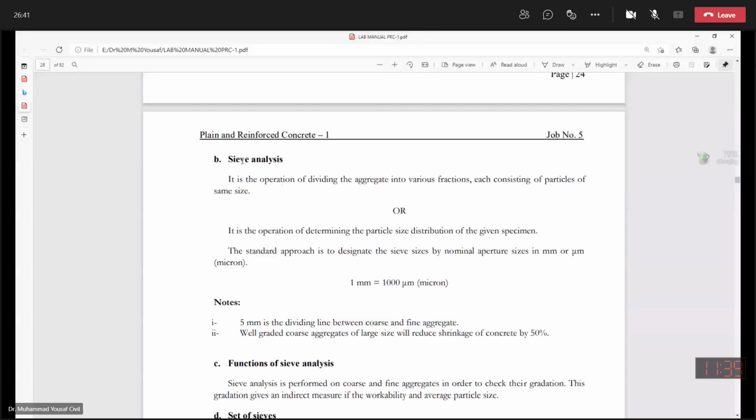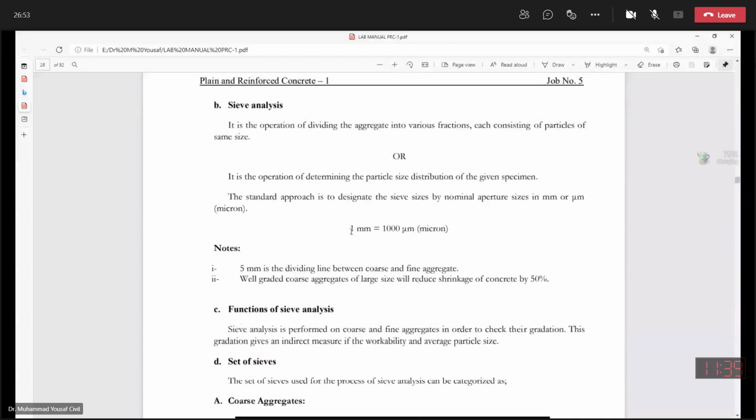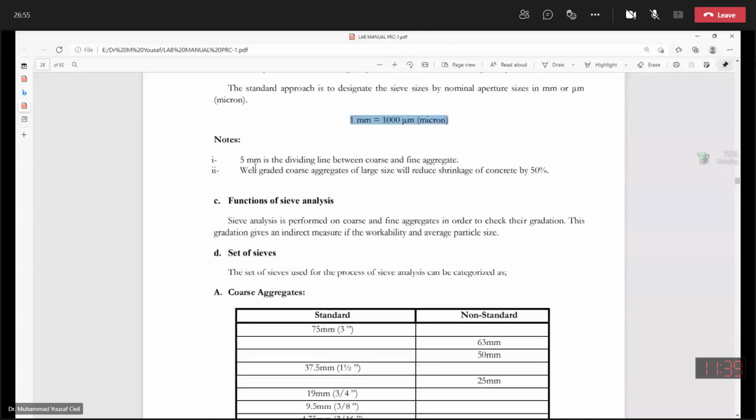What is sieve analysis? You will be arranging the sieves one above the other and performing the sieve analysis. 1 millimeter is equal to 1000 microns. Now 5 millimeter is the dividing line between fine and coarse aggregate. This is basically 4.75, but in general it is taken to be 5 millimeter.